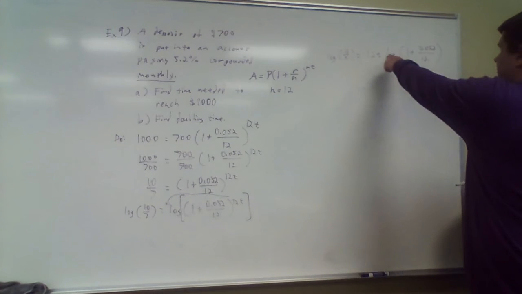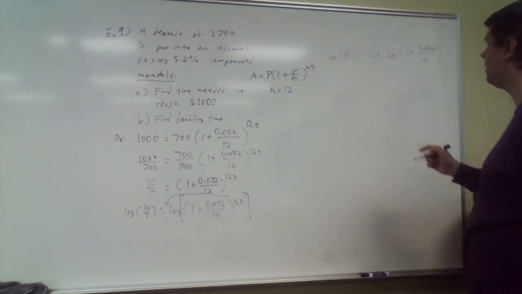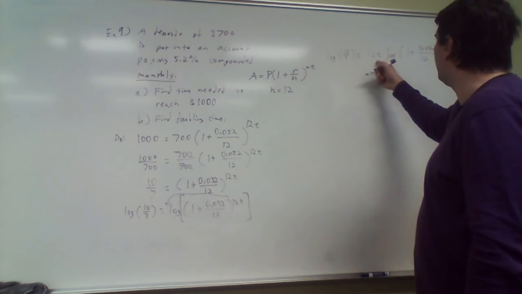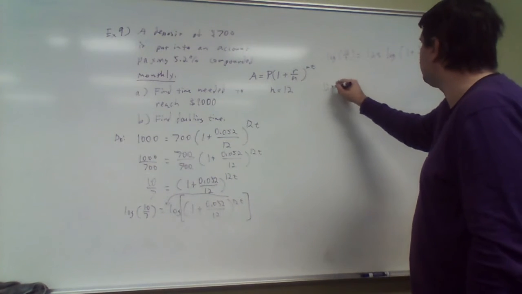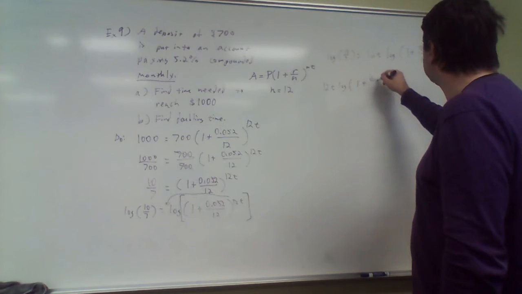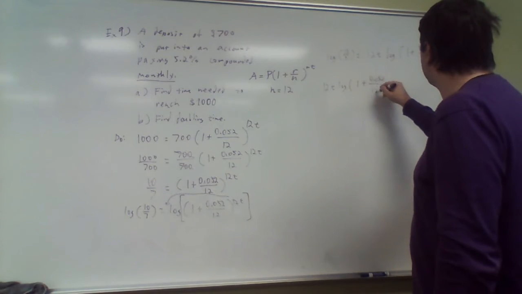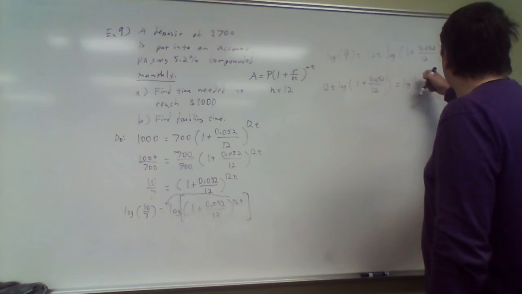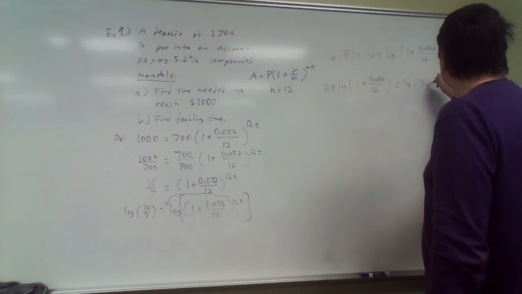You want to isolate the t. So you're going to do that by, well, I'm going to switch the sides here. So I'll do 12t log of (1 plus 0.052 over 12) equals log of 10 sevenths.